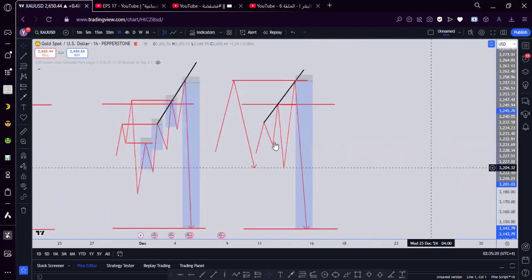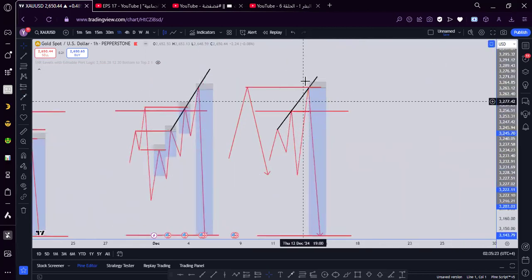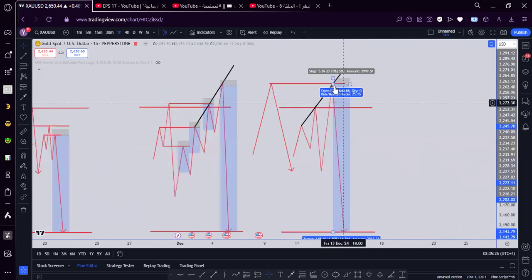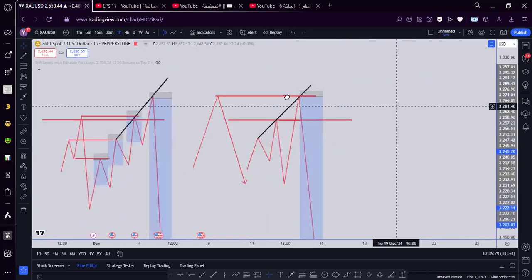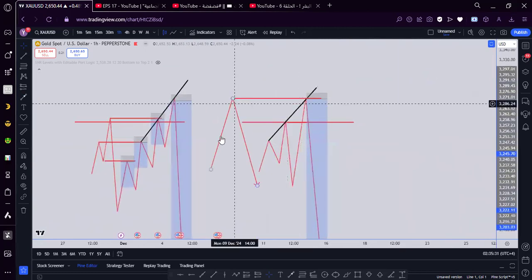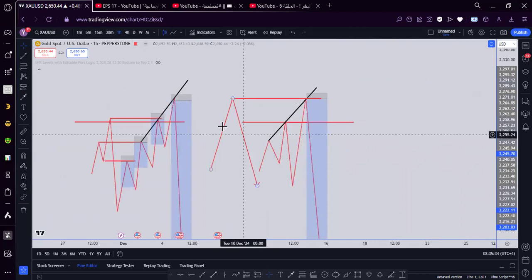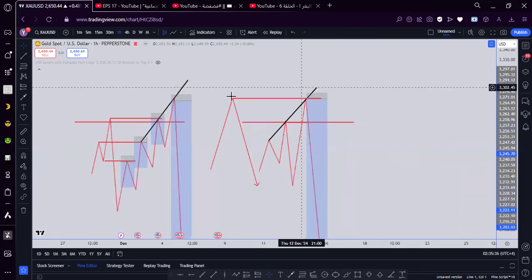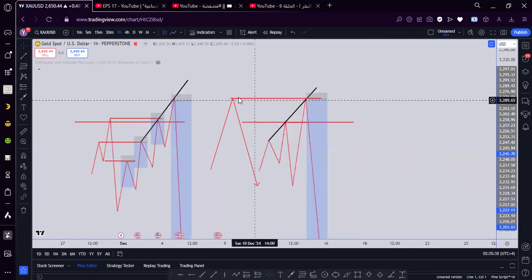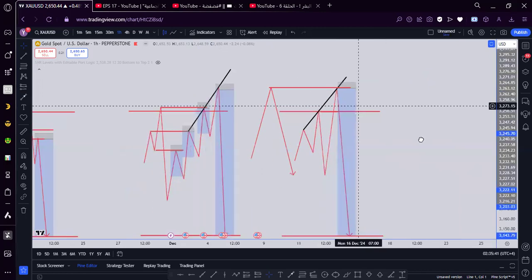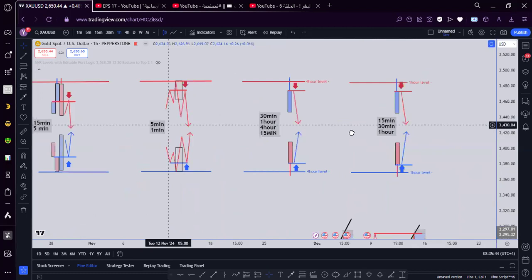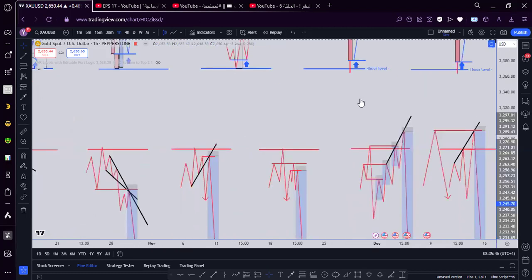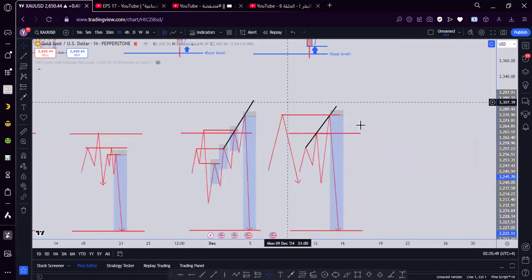So simply draw your bearish reversal trend line and take your trade directly from the trend line, especially if it's aligned with our SNR level, A-shape level, V-shape level, or gap levels. It's very simple, and you can use the confirmations that we will learn later. So this is the first setup.